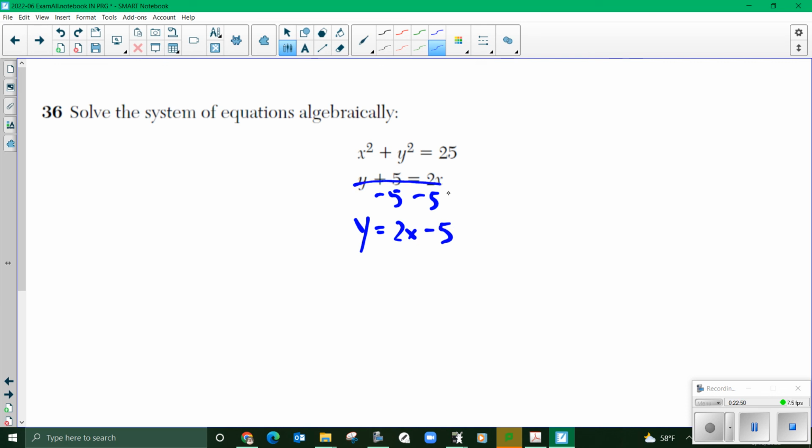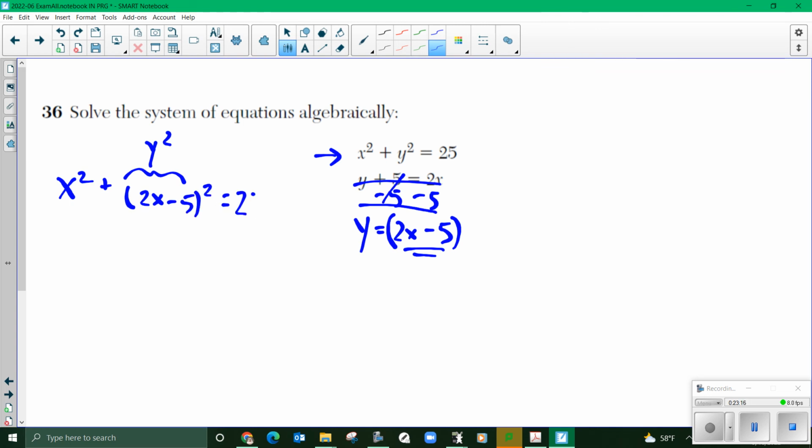Now anywhere there's a y in this equation, I'm going to substitute in my y value of 2x minus 5. So I have x squared plus, this would have been y squared, but in for y we're going to put 2x minus 5 squared equals 25.